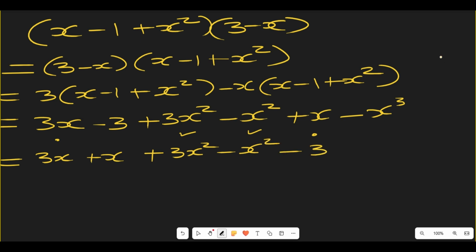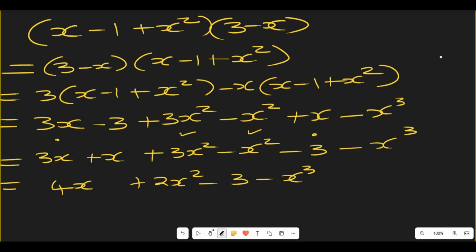These 3 will push it to this side, and minus x cubed, because these 3 and x cubed don't have like terms, so we're fine with them. 3 plus 1 is equal to 4x, and then 3x squared minus x squared is what? Plus 2x squared, minus 3, minus x cubed.